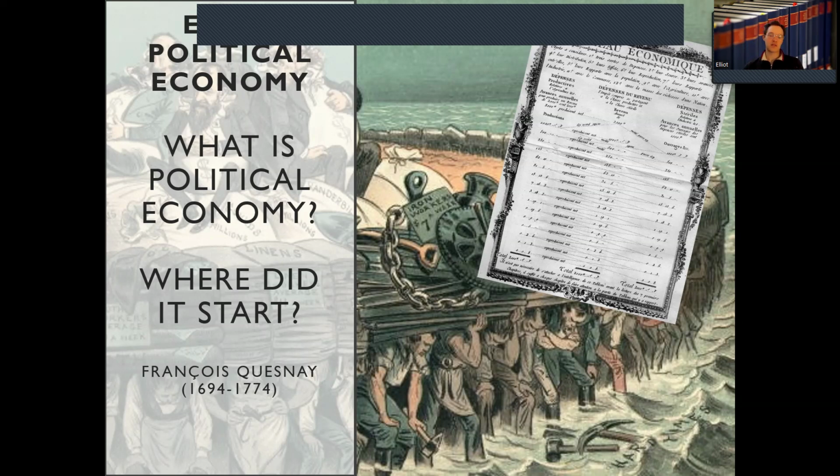So this natural economic order is very much one based on, like I mentioned, the capitalist relations of production.